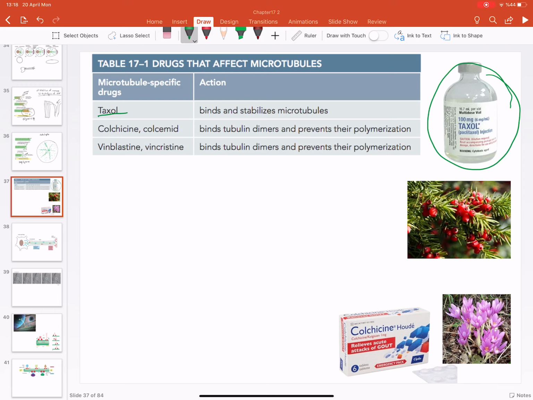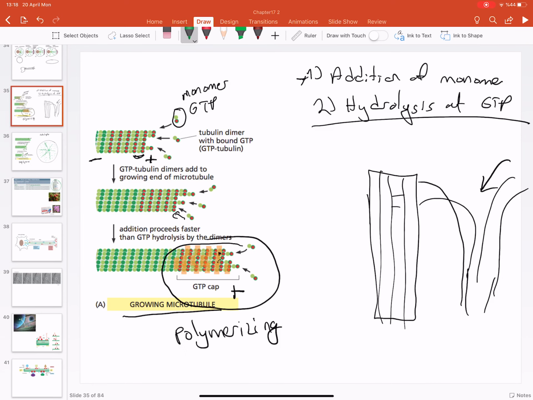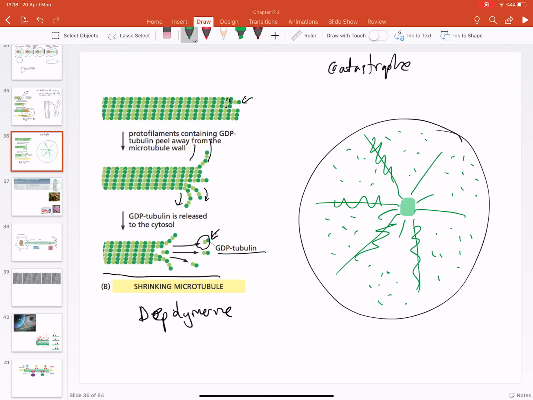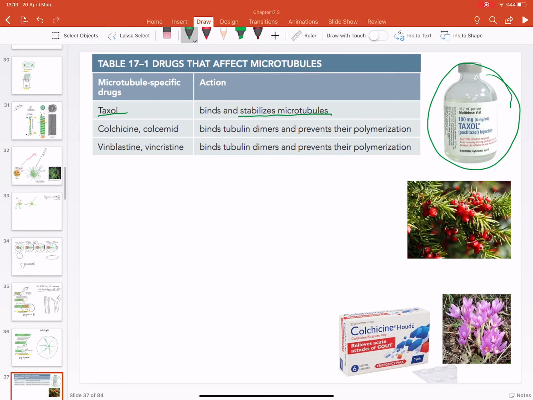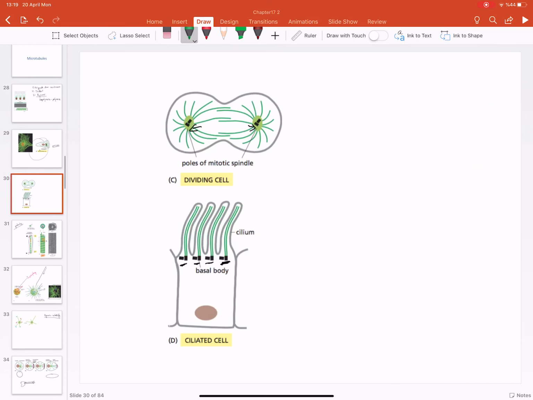It stabilizes the microtubules. So the microtubules stay in this GTP cap version and they cannot depolymerize. Because they cannot depolymerize, okay, it sounds good. Maybe they're going to keep their shape forever. But remember, for cell division, all the polymerized microtubules have to depolymerize first and then they have to establish this mitotic spindle.